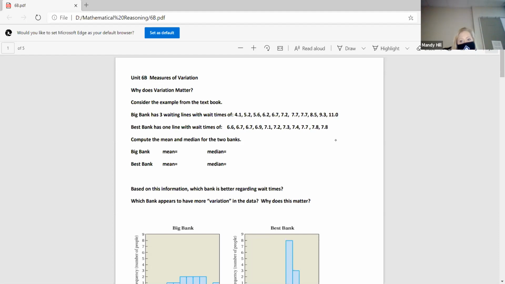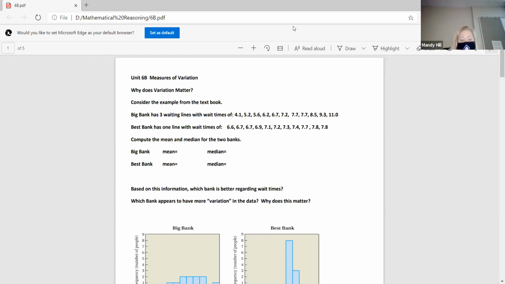If there are 2 numbers in the middle, then you add those 2 together and divide by 2. In the first lesson, 6.1 or 6A, we went over this step by step, so I'm going to really focus on using the calculator to show you how to type these in to get your mean and your median.